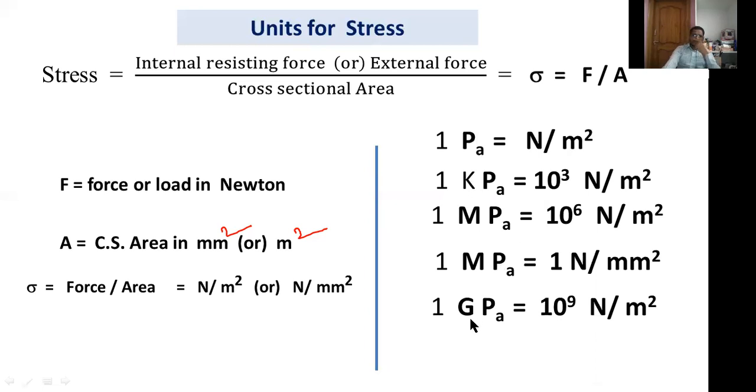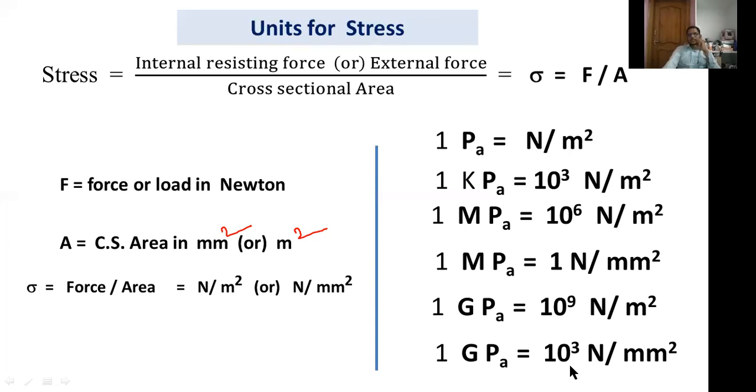So 1 gigapascal equals 10 power 9 Pascal, equal to Newton per meter square. Whereas if you want to convert 1 gigapascal into mm, then 1 gigapascal equals 10 power 3 Newton per mm square, since you have to cancel 10 power 6.